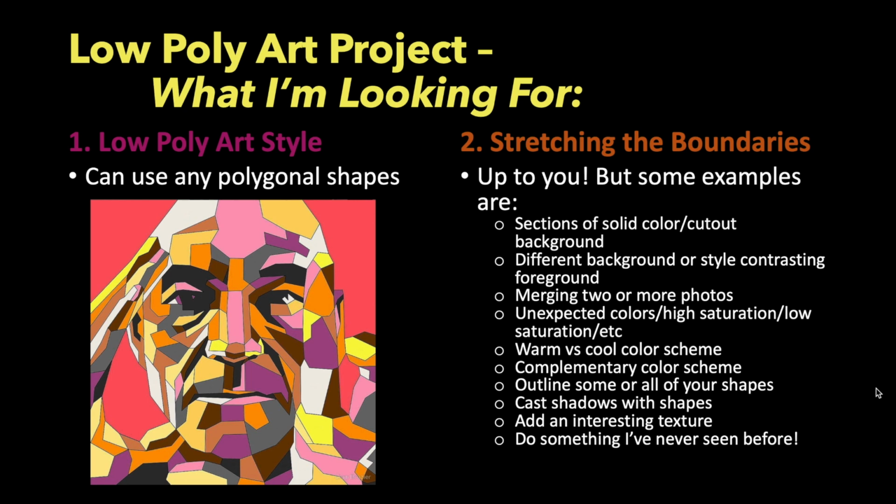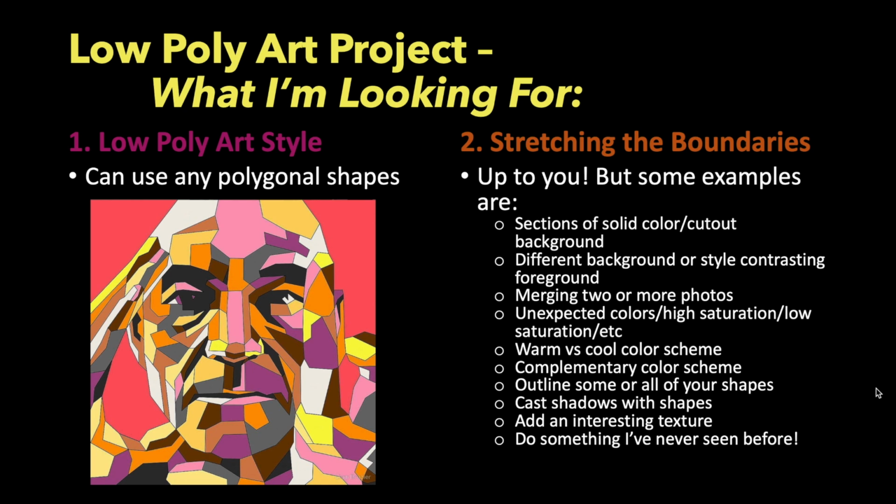Maybe you want two different elements from two different photos and you want to make them one image, using unexpected colors, really highly saturated colors or low saturated colors, or a certain color scheme like warm versus cool or complementary colors. It is up to you.